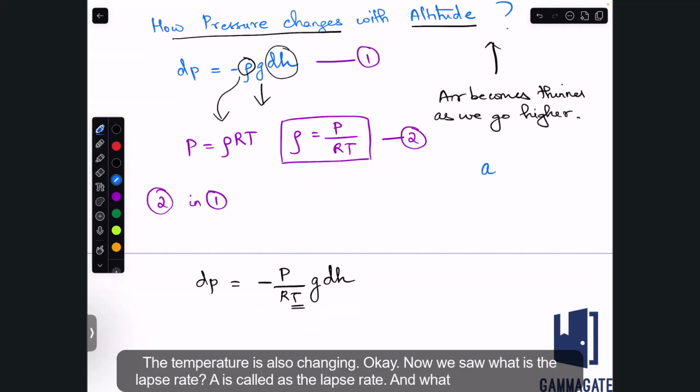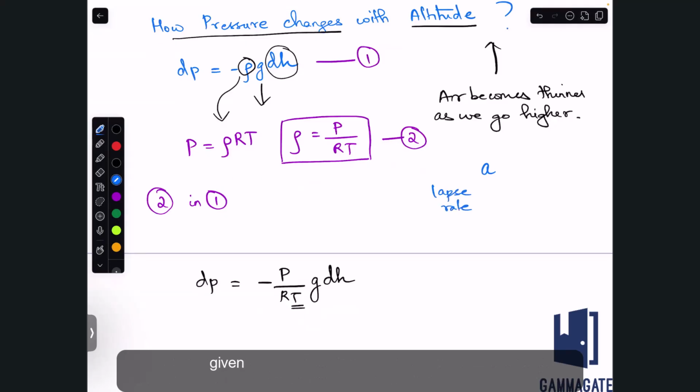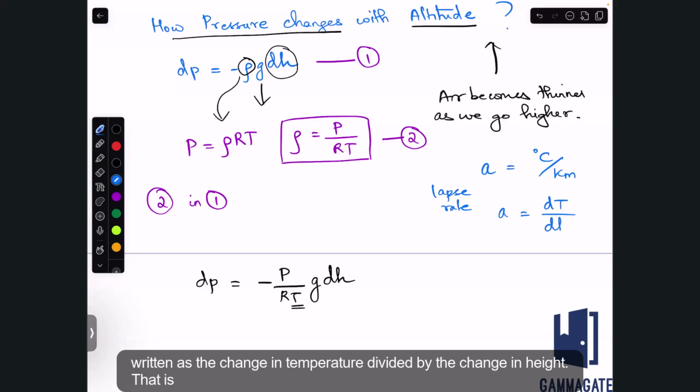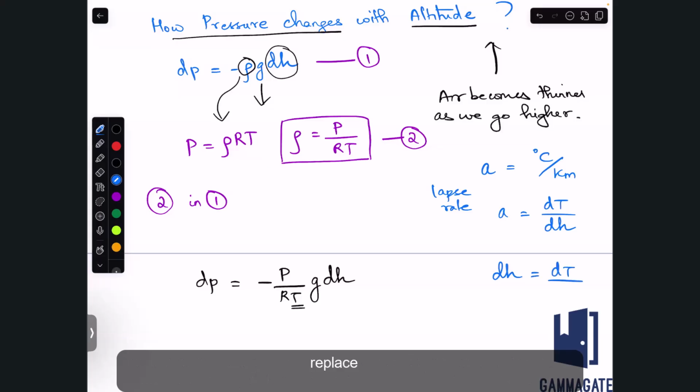A is called the lapse rate. And what is lapse rate? It is given in degrees per kilometer, which can be written as the change in temperature divided by the change in height. That is lapse rate. Or I can say that dh is equal to dT by A.